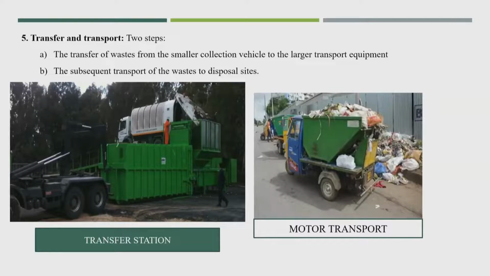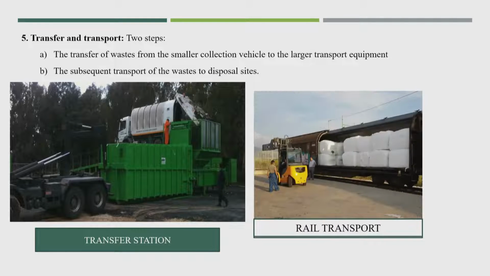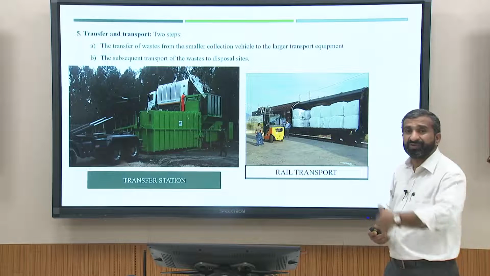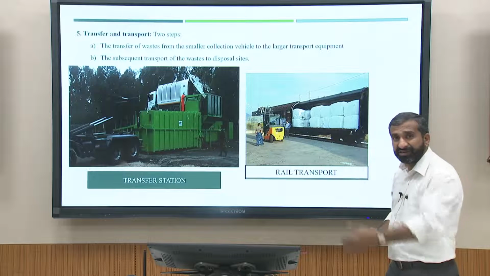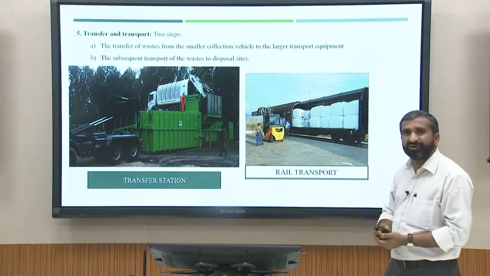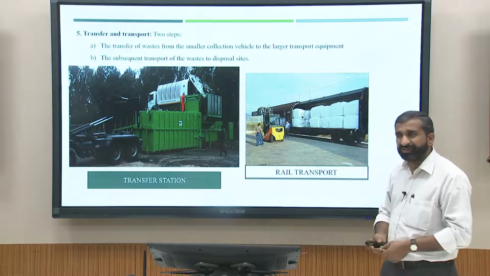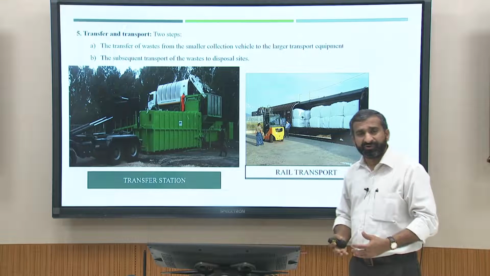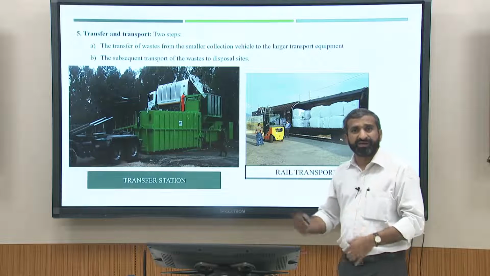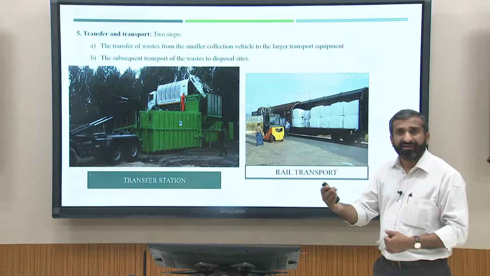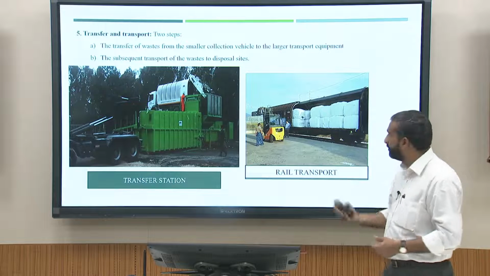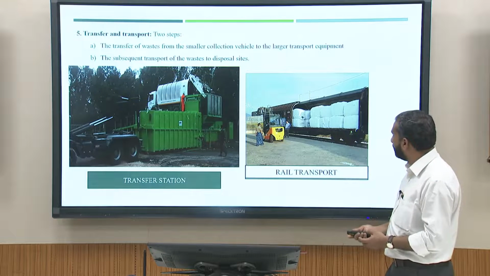There are different ways of waste transport: motor transport, or rail transport. Some countries have rail transport where waste is transported 200 or 300 kilometers. Currently India does not have such a system, but in future, when any city thinks of relocating the disposal area or treatment facility far away, maybe 200 or 300 kilometers, we can have rail transport.